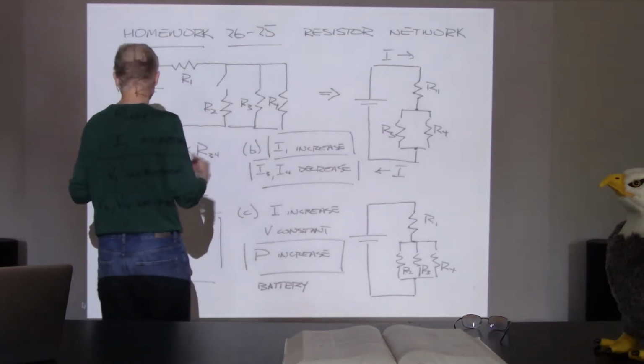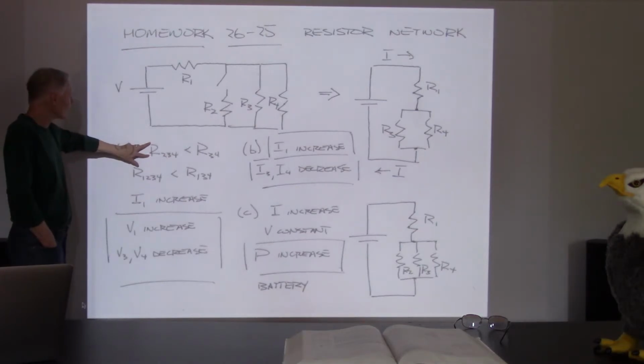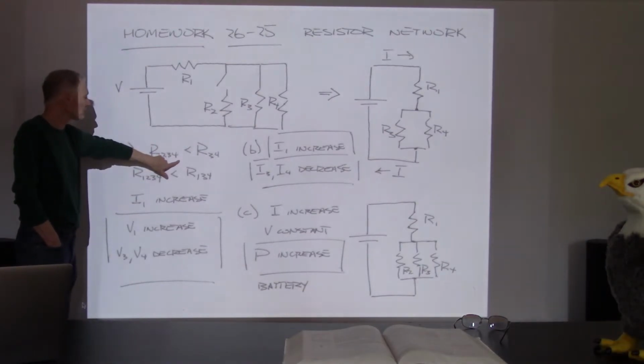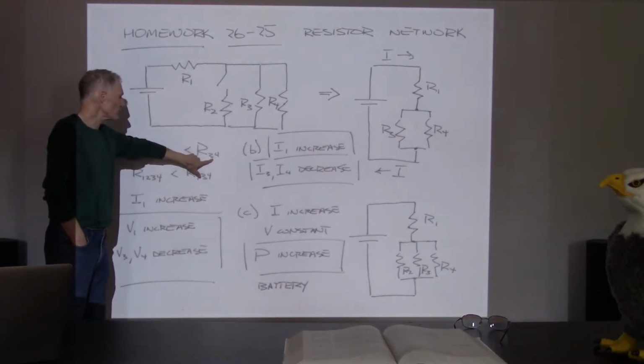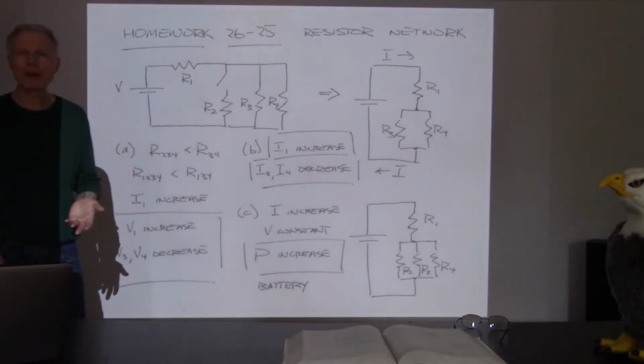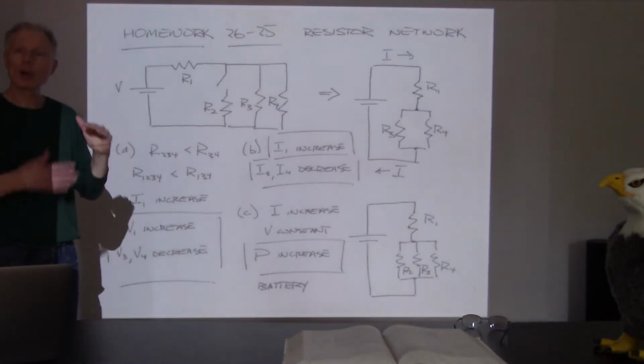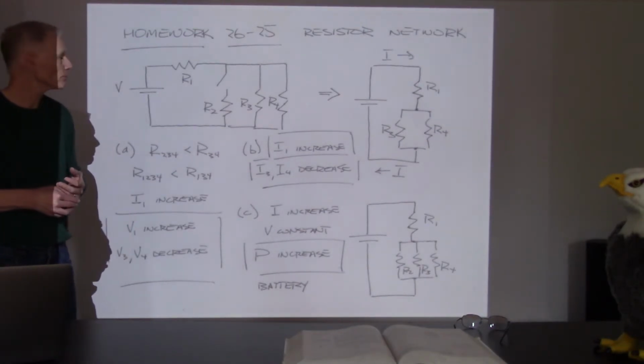So the first thing I want to write down for part A is, the resistance with R2, R3, and R4 all in place is now less than the resistance used to be when there were just 2 resistors there. So adding a resistor in parallel will always reduce the overall resistance in that section.